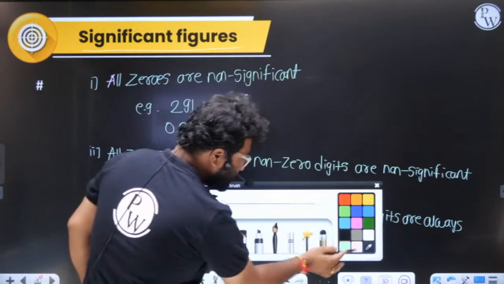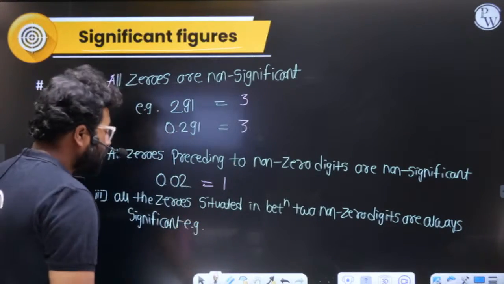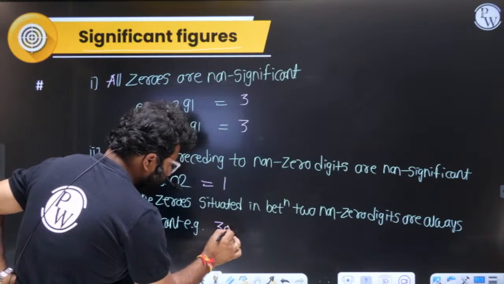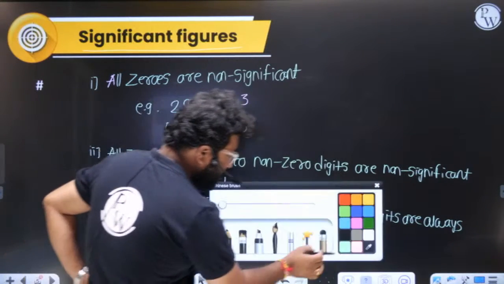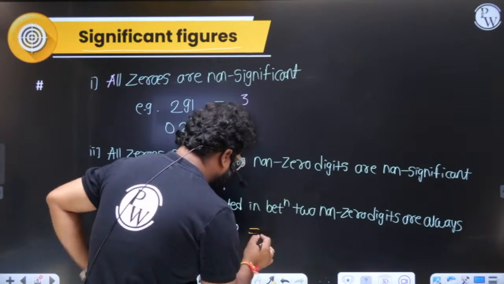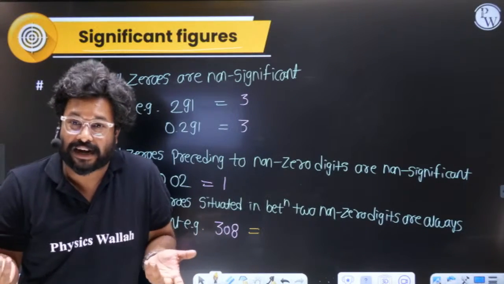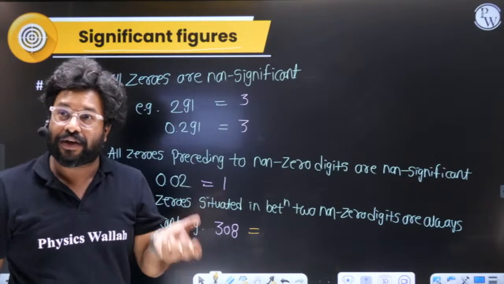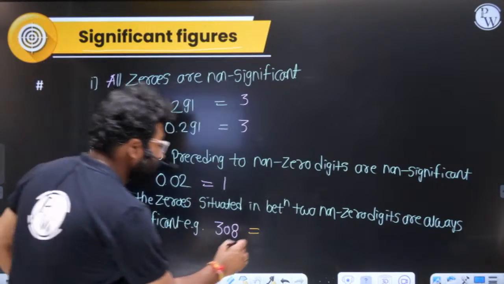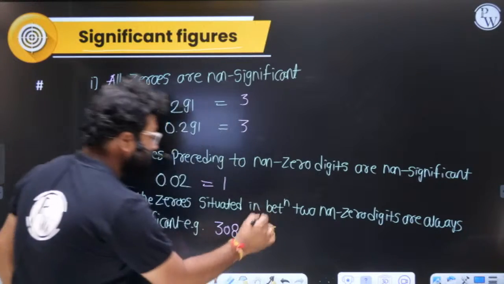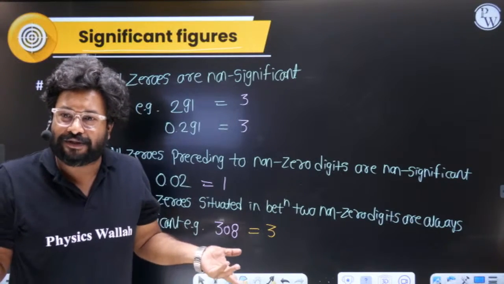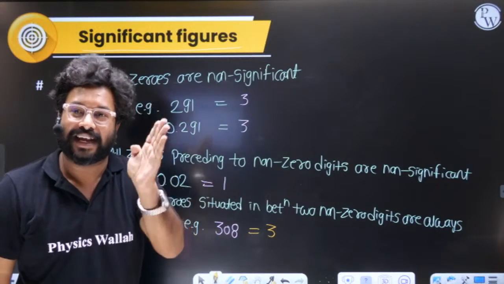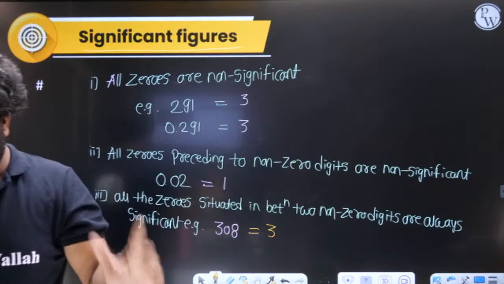For example, suppose you have the number 308. In 308, this 0 is sandwiched between two non-zero digits, one is 3, another is 8. So that's why your 0 is counted in the significant figures here. 3 is significant, as we all know, 8 is significant, but here 0 is also significant. Okay? Is this clear to you all?